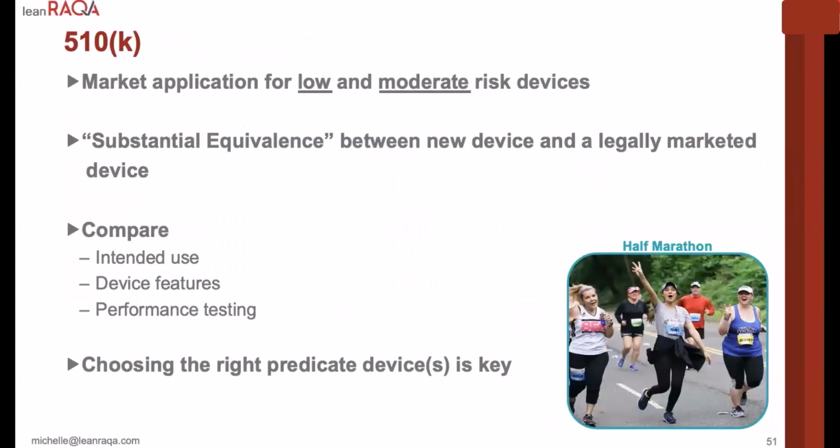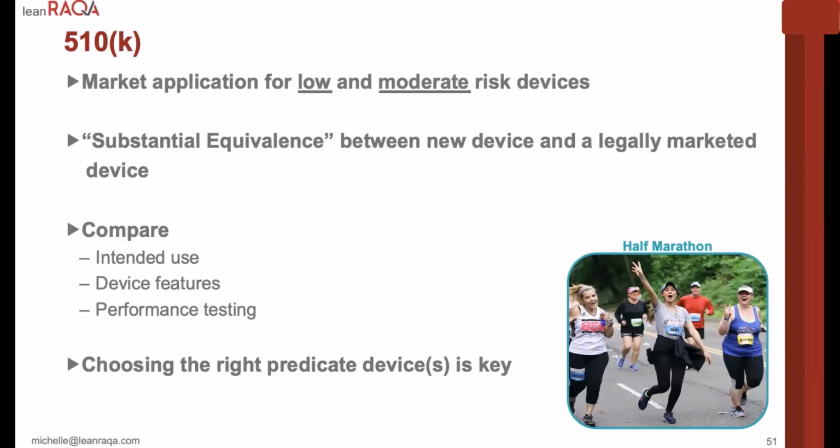If we look at 510K, this is by far and away the most common type of submission with the FDA. This is the market application for low and moderate risk devices. This hinges on an argument called substantial equivalence between your proposed device and another device in the same product code that's already legally marketed.